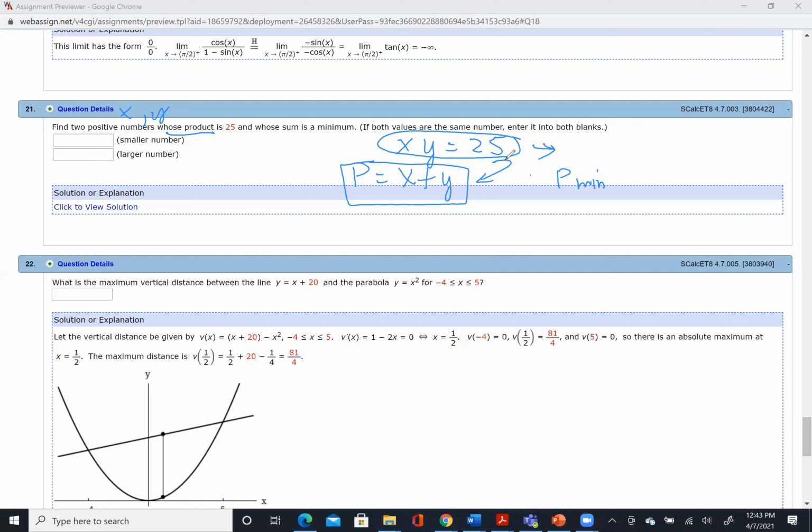I want to eliminate y, so I isolate y alone. I have y equal to 25 divided by x. Now I can substitute in the p. I have x plus 25 over x, right?